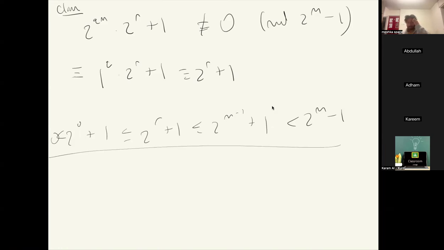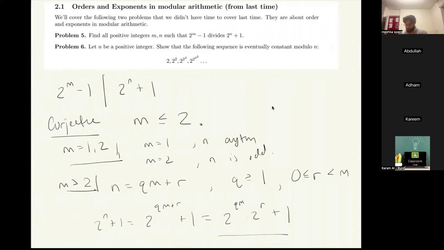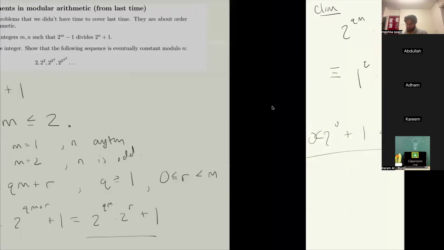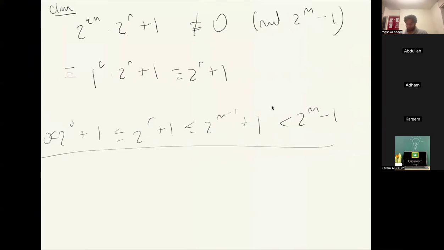First, we note that m is the order of 2 mod 2^m - 1, so 2^n is congruent to -1 mod 2^m - 1. You're considering that m is the order mod 2^m - 1 of 2. Yes.